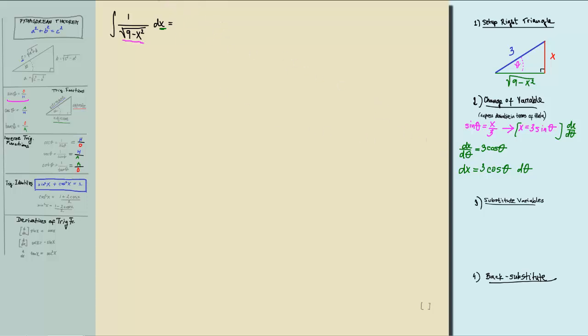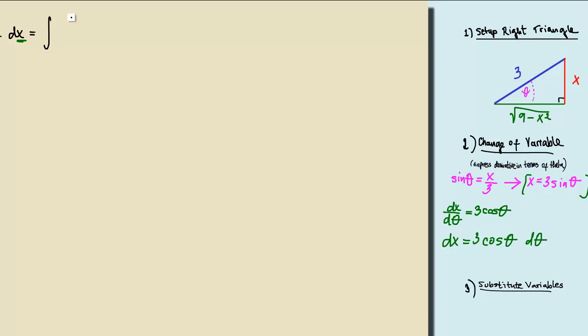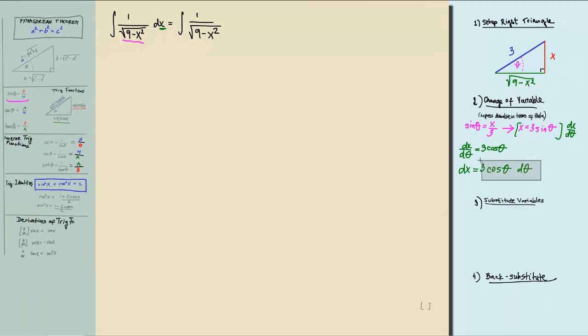Now what we're going to do is rewrite our integral, and instead of dx, we already expressed it in terms of theta, so we'll just put the whole thing here. So this is our dx expressed. We've changed the variables, so now it's d theta in terms of theta. So let me change the color accordingly. Now we have a little problem here.